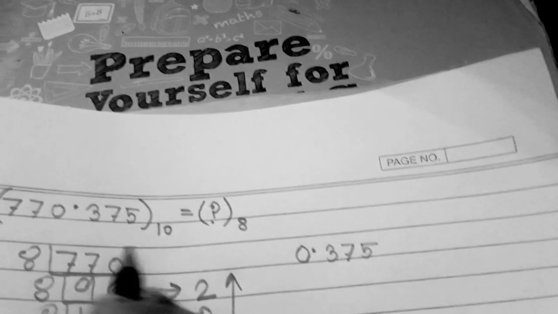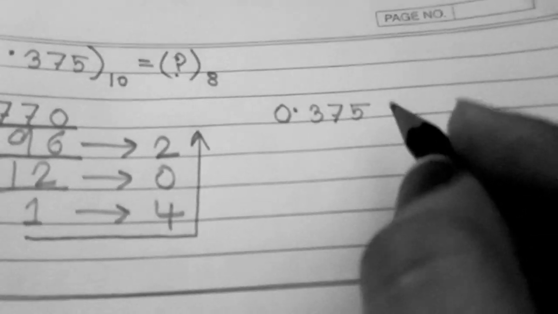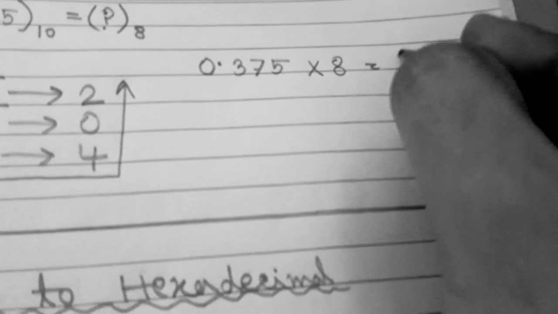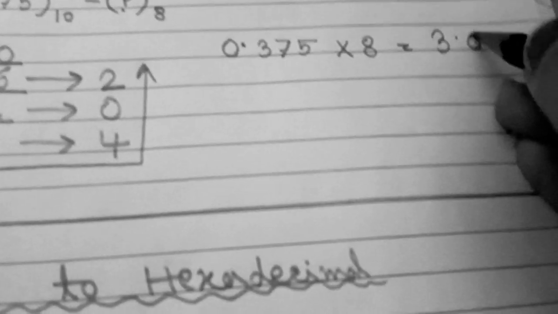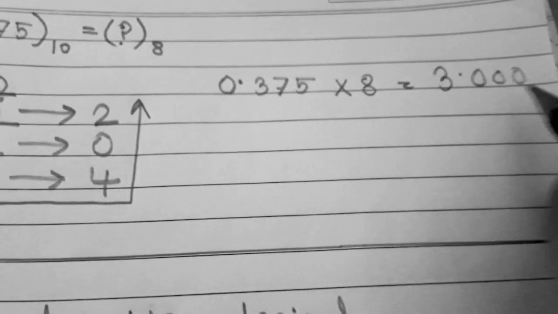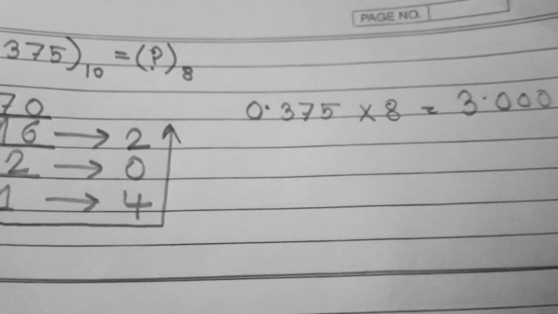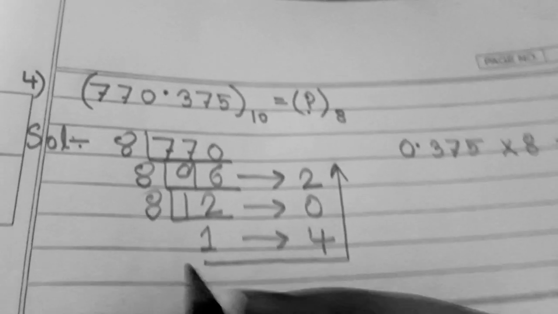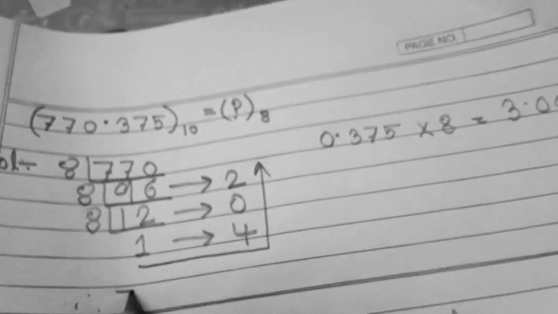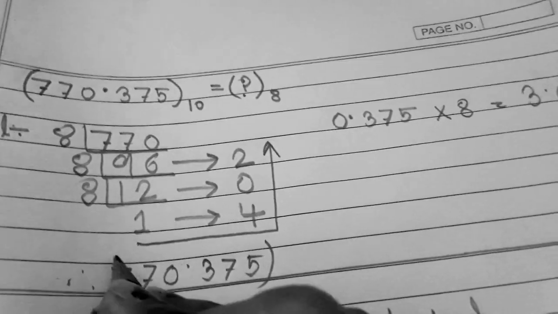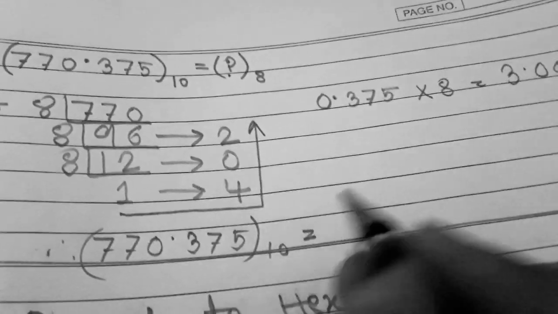Then start with this fraction part, which is 0.375. 0.375 you multiply by 8. Here I get 3.000. So at just one time I get all 0. It is a very easy number. So I stop here and my result is therefore, 770.375, which is in decimal number.